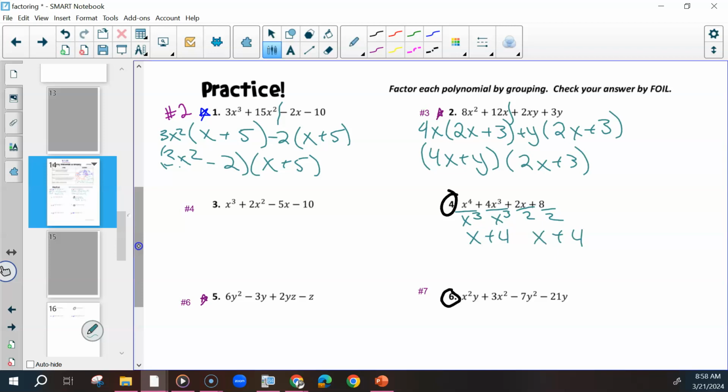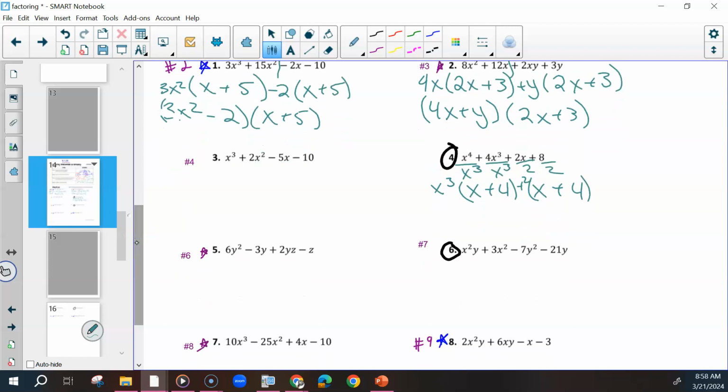Like this, with parentheses. Now, put an x to the third outside of the first one, and then plus 2 in front of the x plus 4. And then you do x to the third plus 2 in one parentheses, and then x plus 4 in the other.